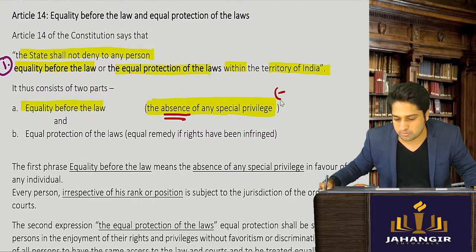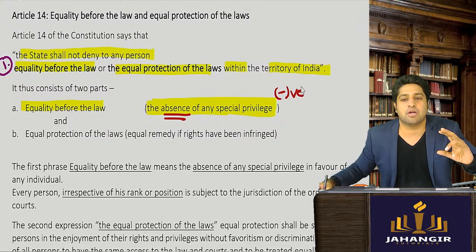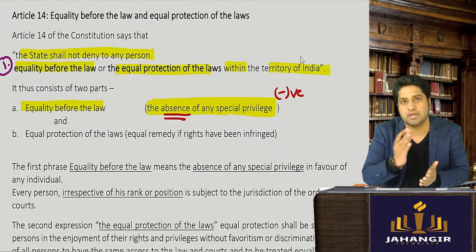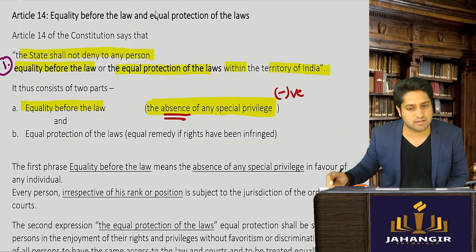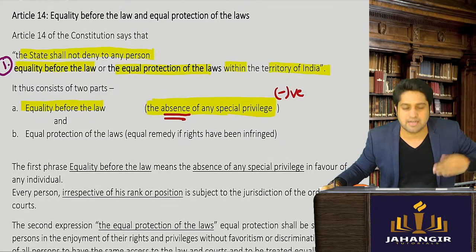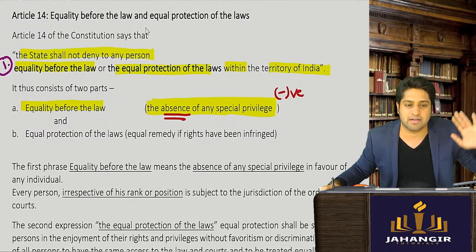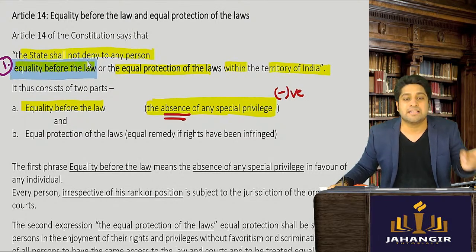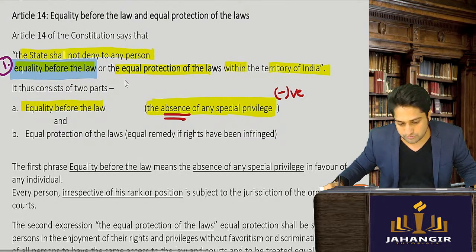So equality before law means there is no special privilege to anyone. This is considered a negative statement, a negative language. Absence means there is nothing; nobody will be given special privilege. The second phrase talks about equal protection of the law.